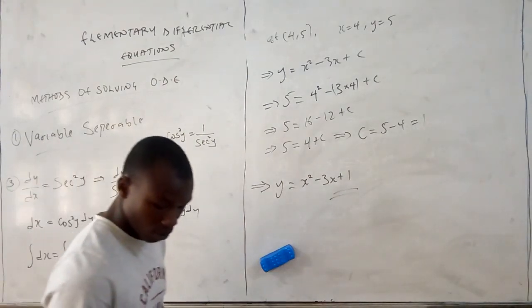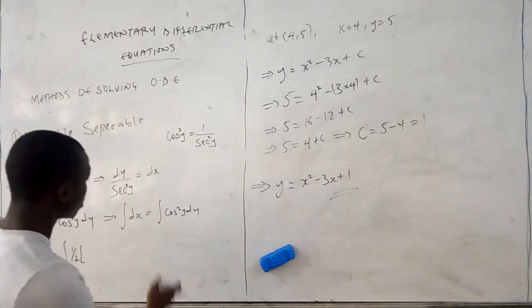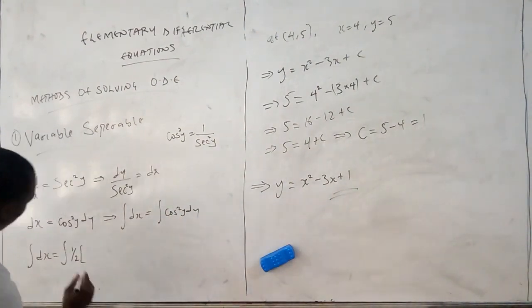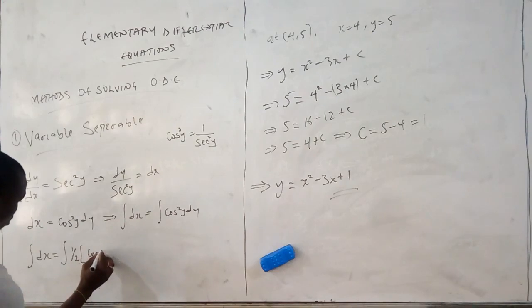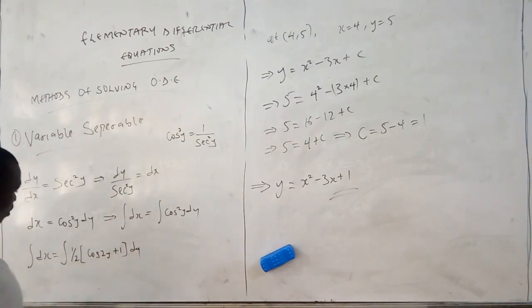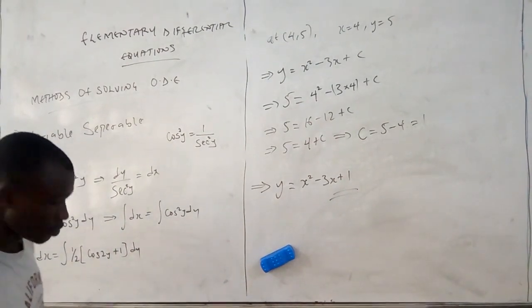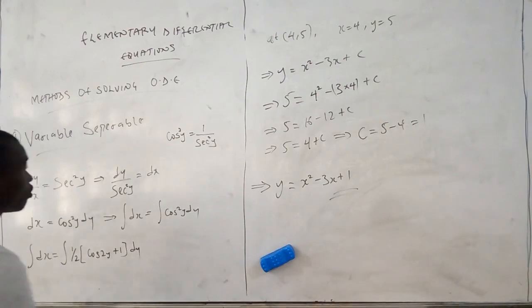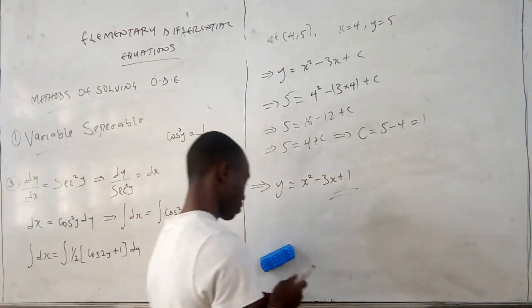From trigonometry, we all know that cos square y can be written as 1 over 2 (cos 2y plus 1) dy. So by writing this, our integral will be a lot easier.